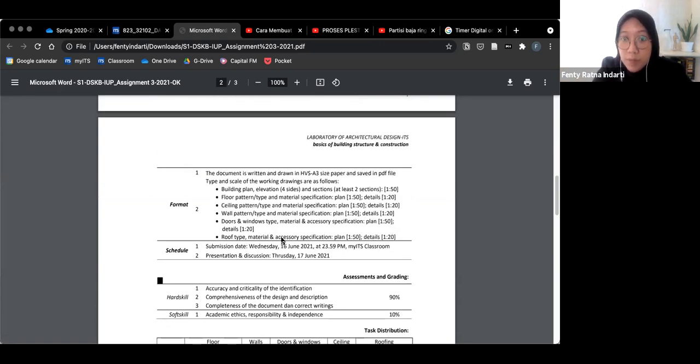The format is the same. It's in A3 size paper. And then you have to create the building plan, floor plan, and other plans that have been finished in the previous assignment. The building plan here is related to the finishing of the building envelope, so you need to take a look at those types of drawings. And then elevations for sites and sections, at least 2 sections.